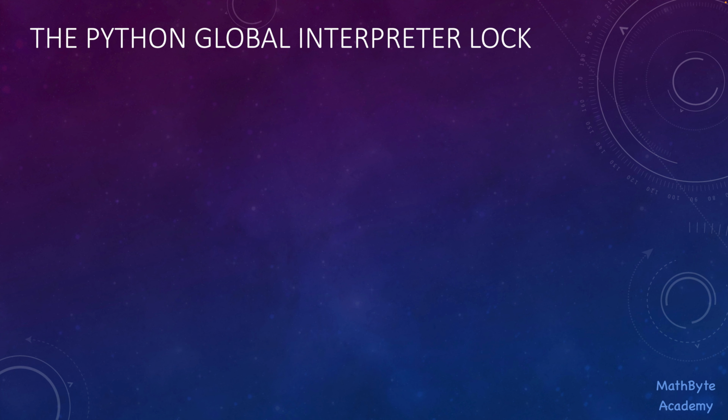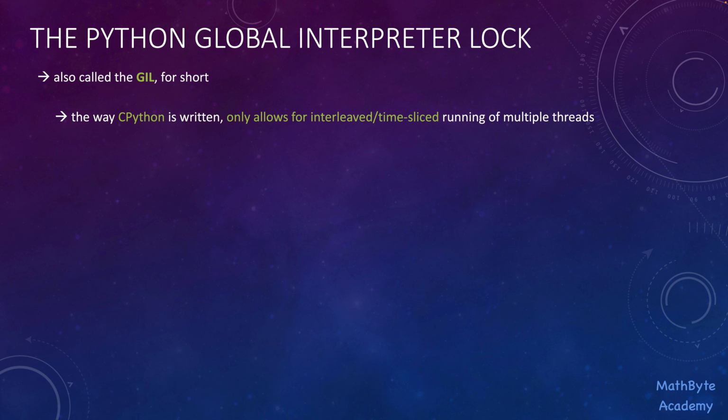So next, let's talk about the Python Global Interpreter Lock. It's also called the GIL for short. The way CPython is written, and you have to remember that different Python implementations may do things differently, I'm talking about the canonical Python, the CPython. The way it's written, it only allows for interleaved or time-sliced running of multiple threads.